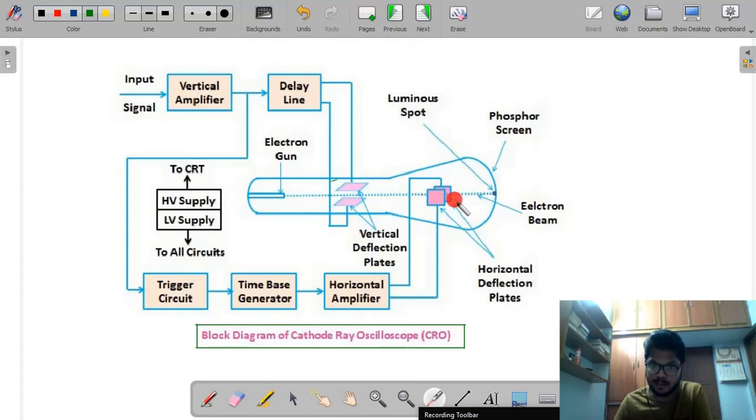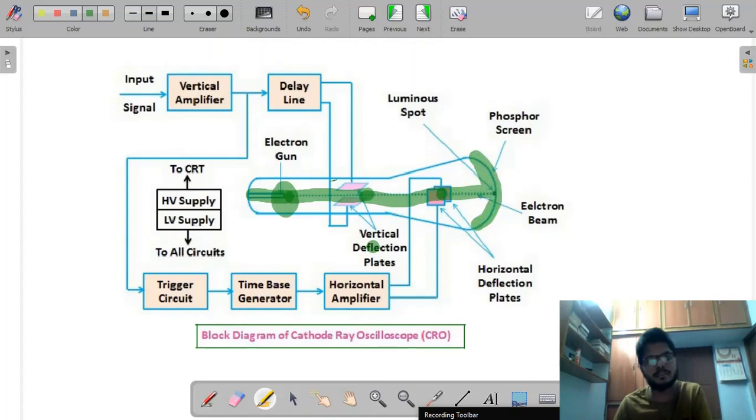Inside the glass there will be a vacuum, and here we have the electron gun. Why do we need this electron gun? It is a source of electrons. When electrons are produced, they pass through these deflection plates. They pass through the horizontal and vertical deflection plates and strike the screen to give our x-axis and y-axis.